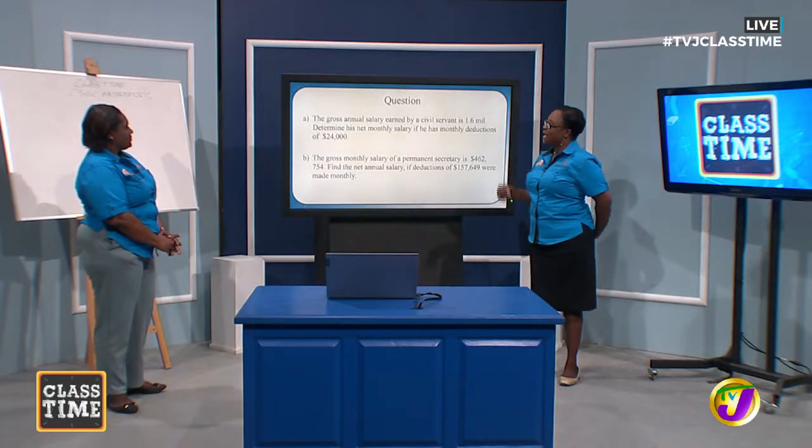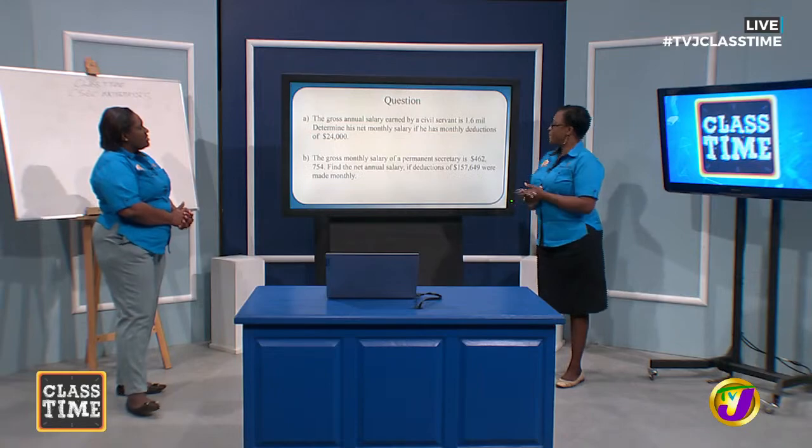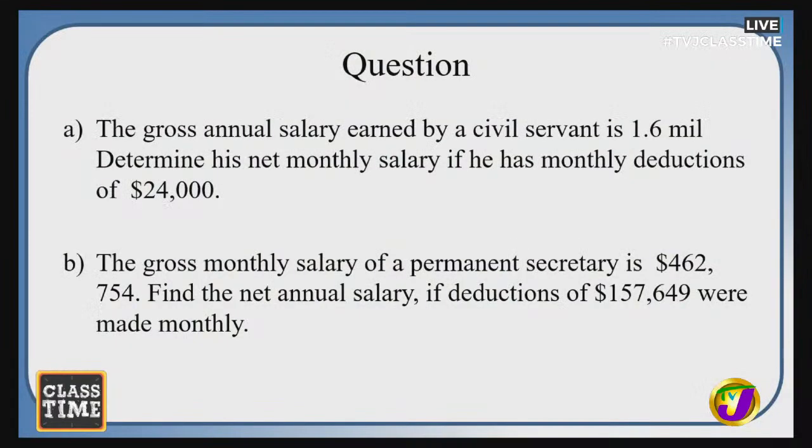Right. Okay, so let us look at a question. We are given sample questions to see how we can apply this information to mathematics, the real world. The gross annual salary earned by a civil servant is $1.6 million. Determine the net monthly salary if he has monthly deductions of $24,000.